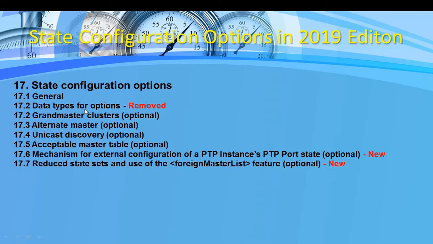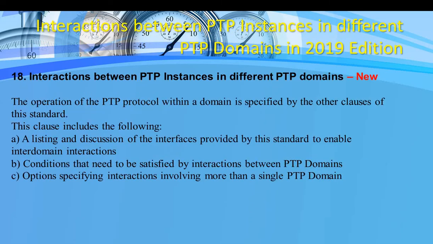The data type for option, that part has been removed. 17.6 mechanism for external configuration of the PTP instance PTP port states, that part is new. 17.7 reduced state set and unused foreign master list feature. That part is optional, is new content, newly introduced.